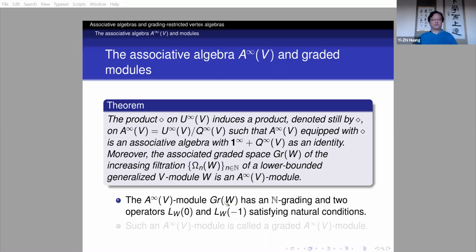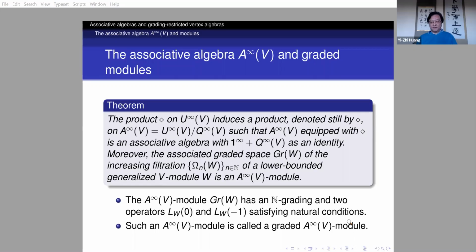They satisfy all the natural conditions coming from the V module. So we call these graded A infinity modules. These modules have this additional grading, and these two operators satisfy other conditions coming from the V module. So we have this special type of module for this associative algebra.